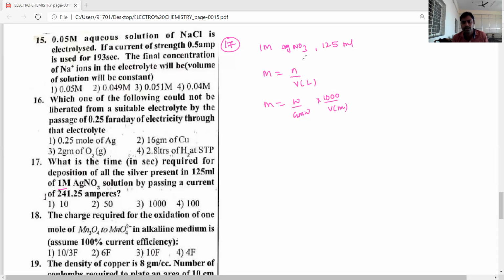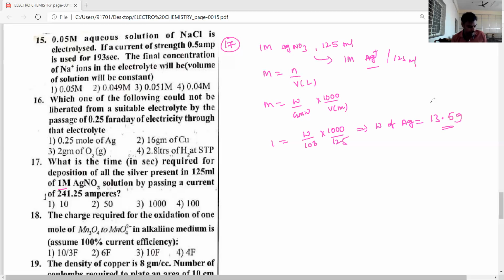Here we need to find the silver weight. 1 molar silver nitrate means 1 molar Ag+ ions are present in 125 ml. Then 1 is equal to weight by gram molecular weight of silver, 108, into 1000 by 125. Then the weight of silver present in 1 molar 125 ml is equal to 13.5 grams.